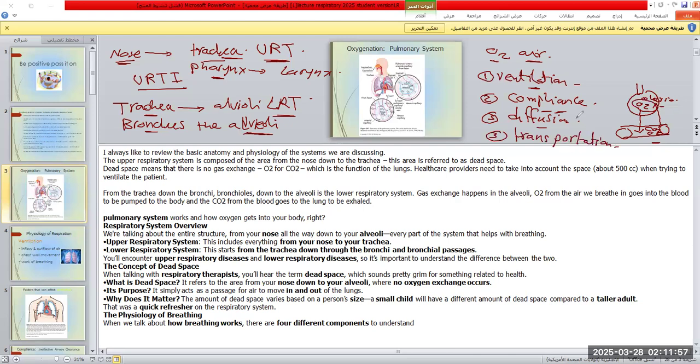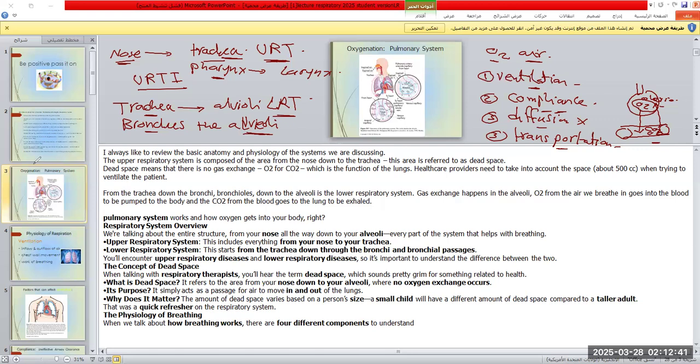What is the difference between this and diffusion? In diffusion, oxygen just gets into the blood, but in transportation, our O2 will travel into tissues. The hemoglobin will pick up this oxygen to transfer it to cells.